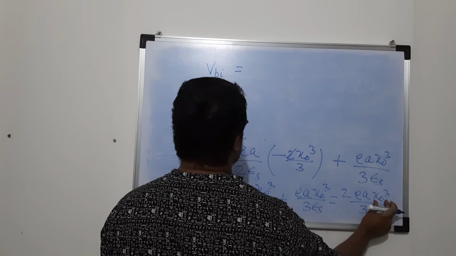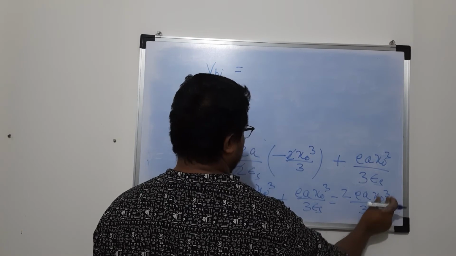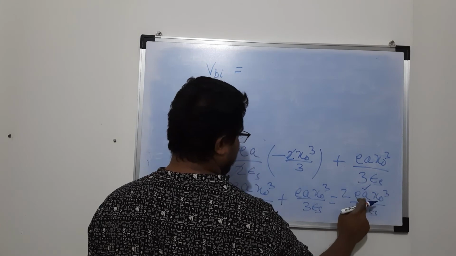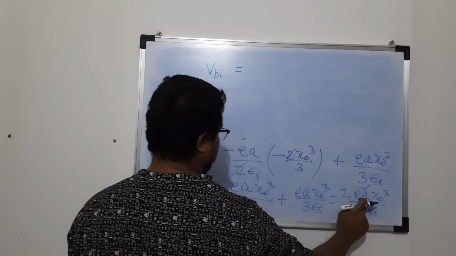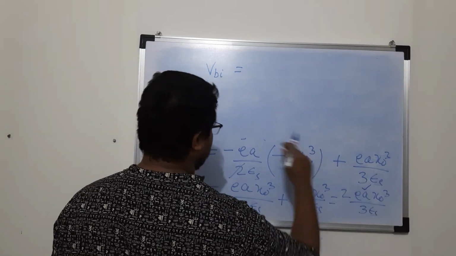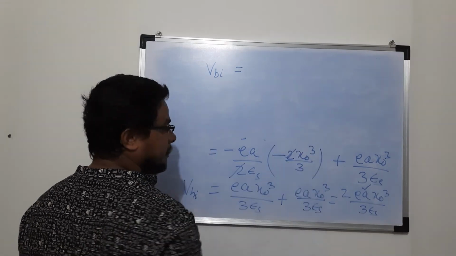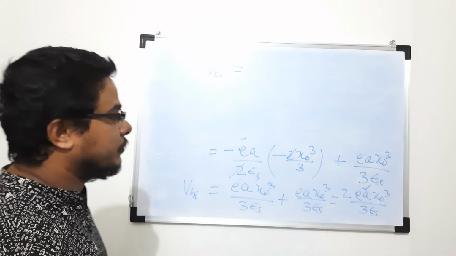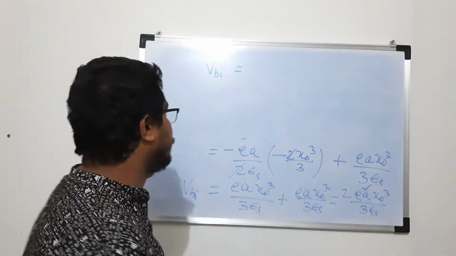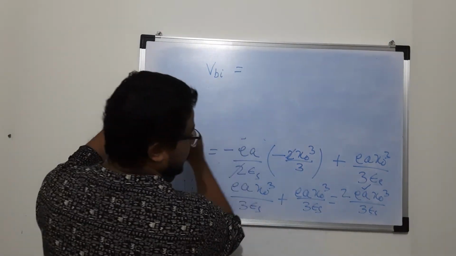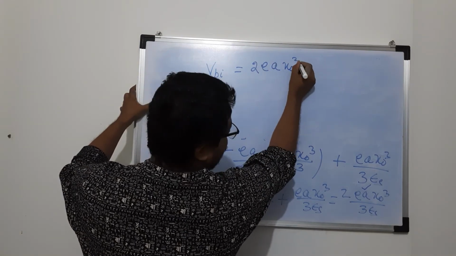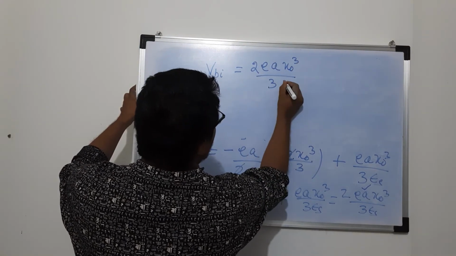The abrupt boundaries of space charge x0 for a constant rate doped semiconductor. A gives you what? The density gradient, right? That is the volume charge density per unit length. That's the value EA, you can see, right? So we got VBI is equal to twice of EA x0 cube divided by 3 epsilon S.